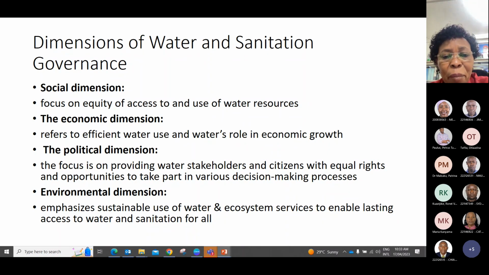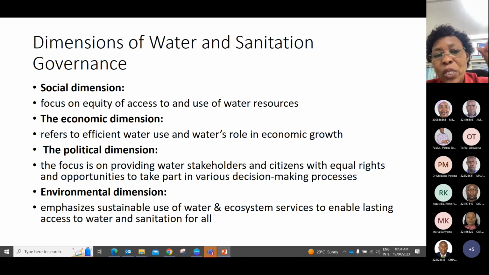It includes providing water stakeholders and citizens with equal rights and opportunities to take part in various decision-making processes. People are not happy when we sit as practitioners or as politicians and make decisions for them. It's not acceptable, and more often than not, it brings problems and challenges that could have been avoided.